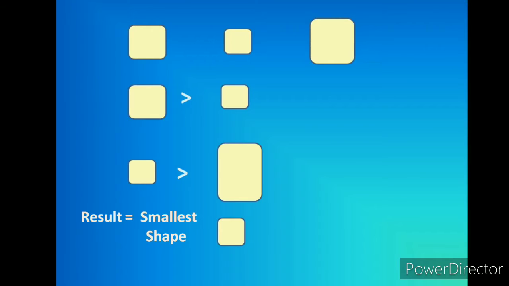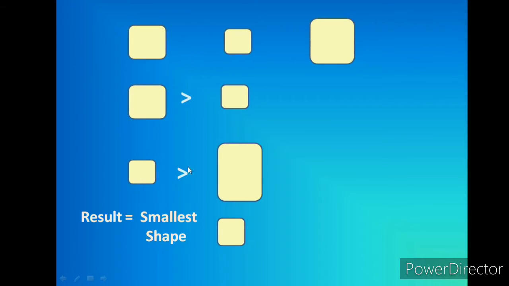How are we deciding that the particular square at the second position is the smallest one? What we have done is we have compared the square at the first position and the square at the second position. Within that, the square at the second position is the smallest one, and with that result we have compared the square present at the third position.